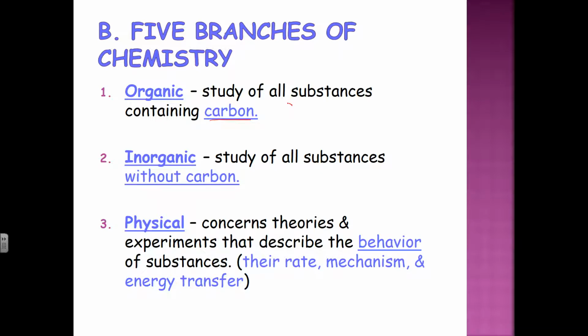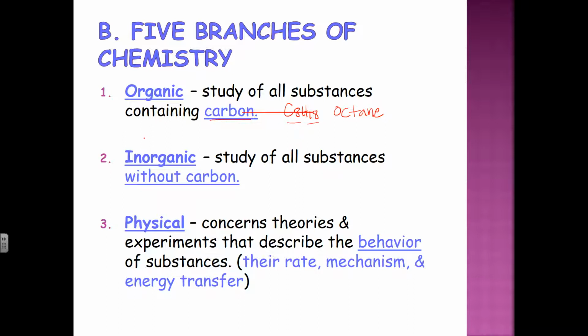Like C8H18. This is an organic molecule that we are all more familiar with by its common name, octane. And of course, octane is found in gasoline. Notice the formula C8H18, it contains carbon. So organic chemists study carbon-containing compounds.